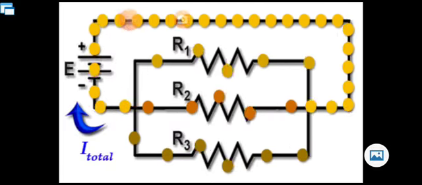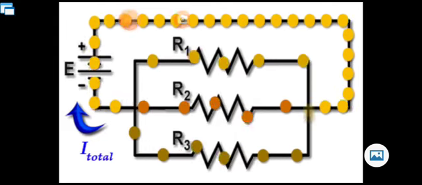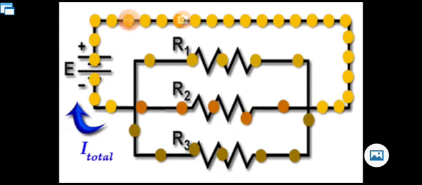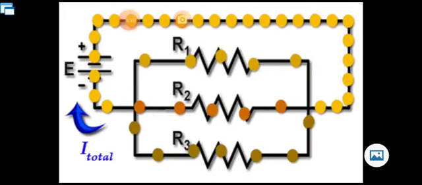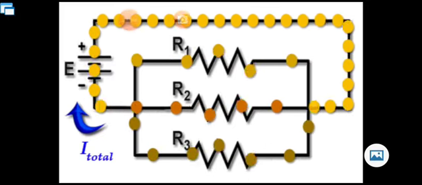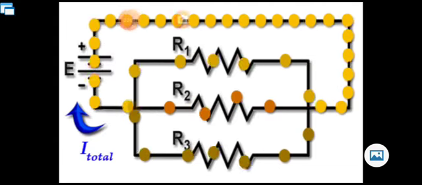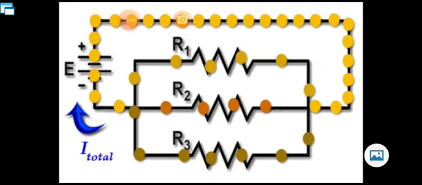In a parallel combination, since current has different paths for flowing through the circuit, even if one appliance stops working, current has the other two paths open for it. So it can easily flow through the other appliances and the other appliances will continue functioning as usual.